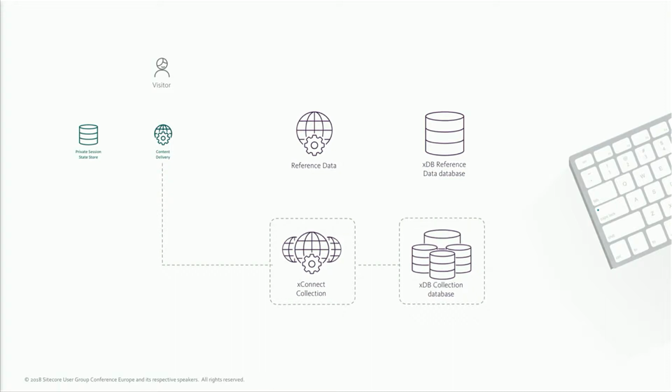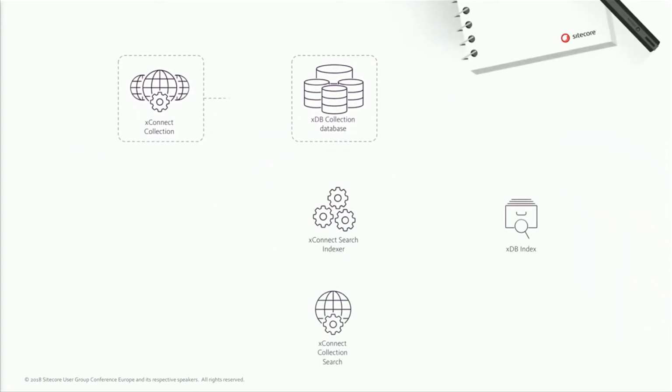But what about the other side of the thing? Data's in there, what gets triggered? We've got the xConnect index searcher here. It's going to grab all that data and put it into the index. So now we have a decision we have to make. How real-time do we need this data to be? If we don't care, don't touch it. Let it go.